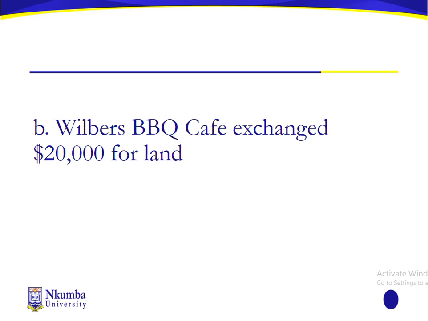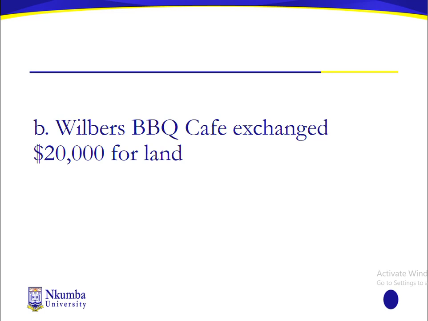You see, it is using an asset called cash at bank, a current asset, to purchase a fixed asset called land. So there it means that our cash at bank will have to reduce by the 20,000 US dollars.